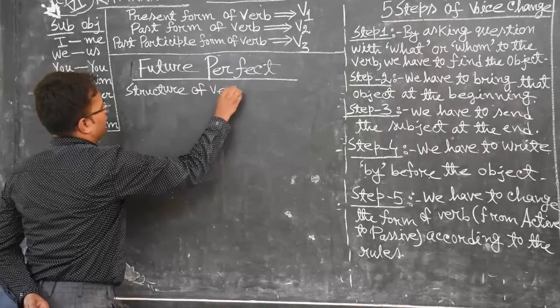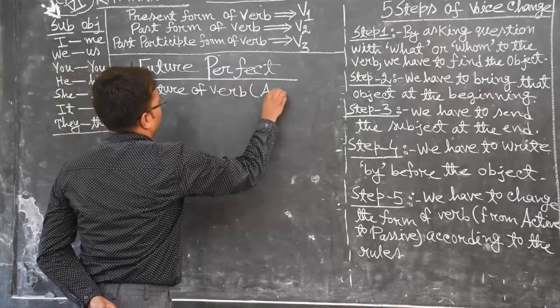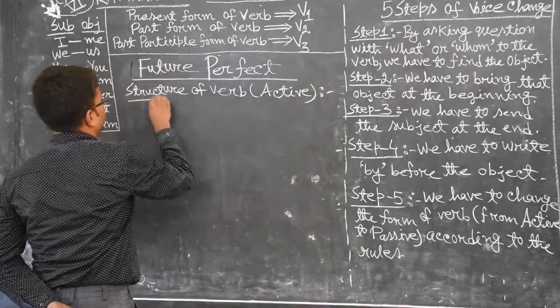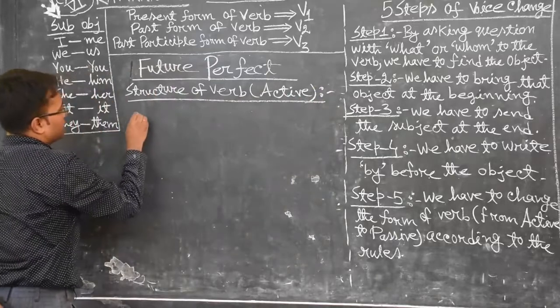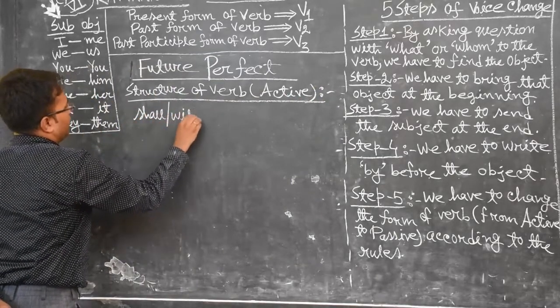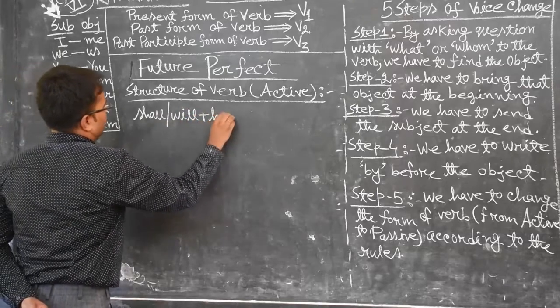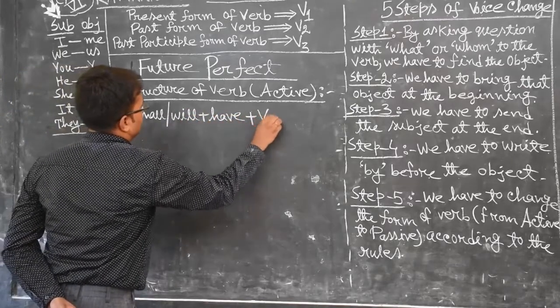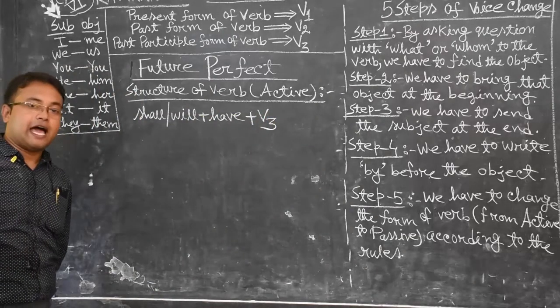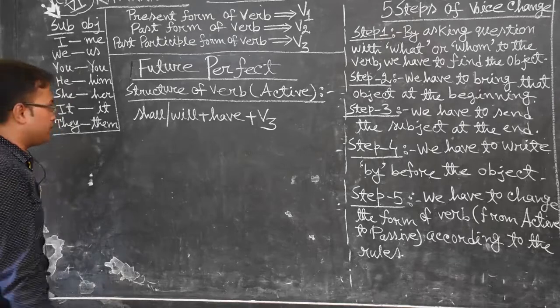Structure of verb in active voice: shall/will plus have plus V3.